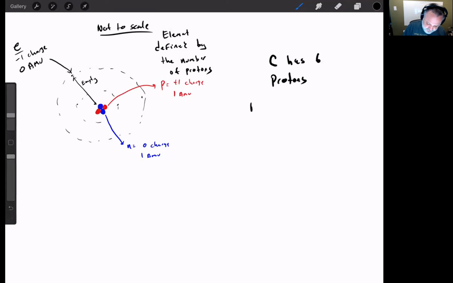What does this mean? It means that the atomic number of carbon from the periodic table of elements equals 6. What did we say about neutrons? We said that neutrons can vary.